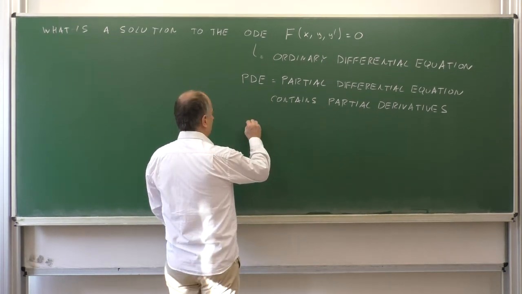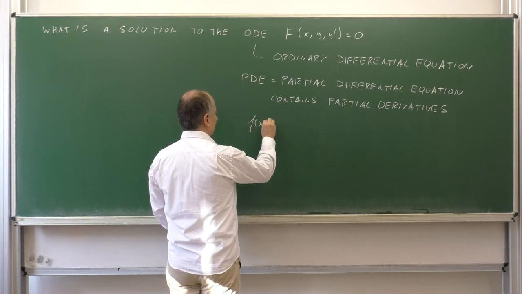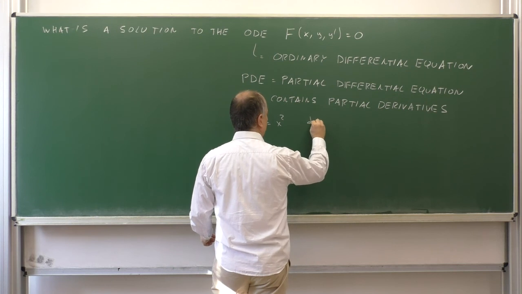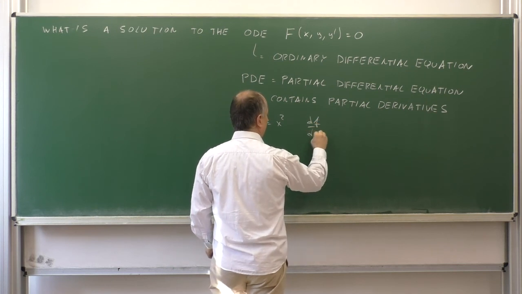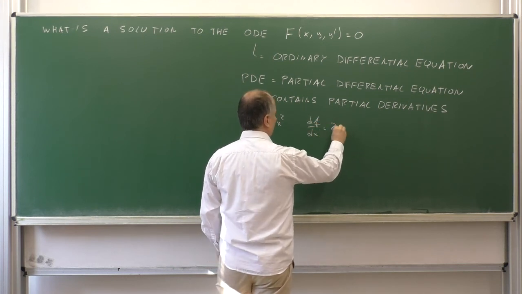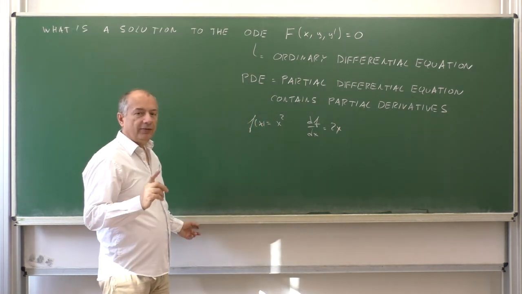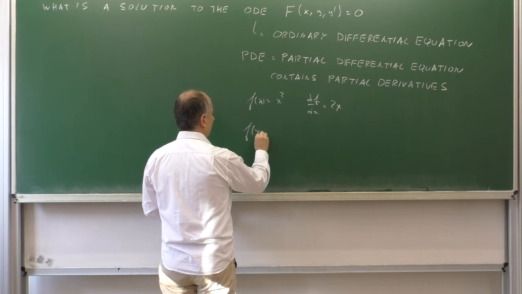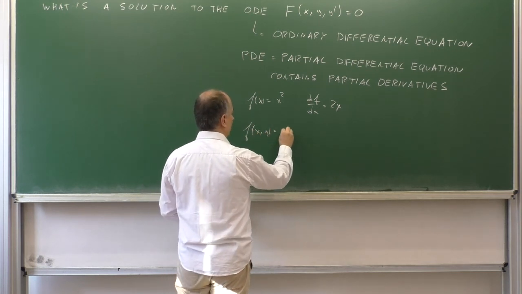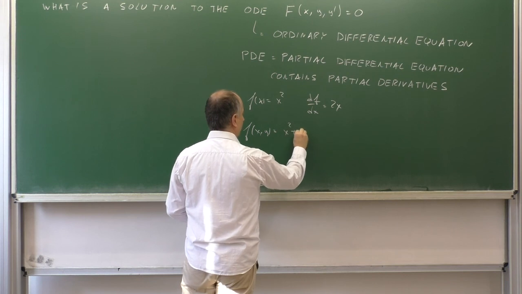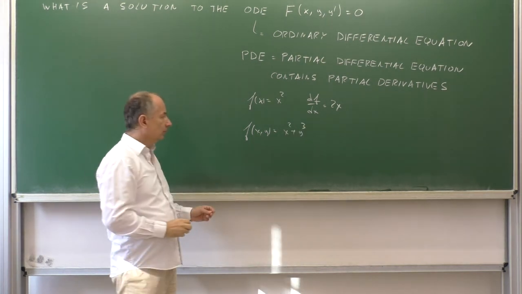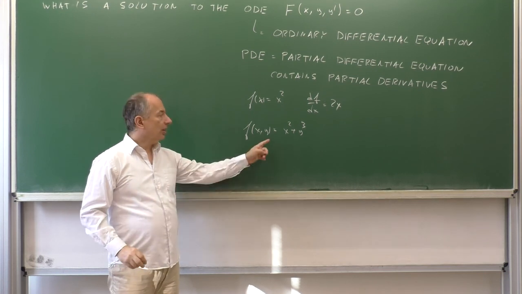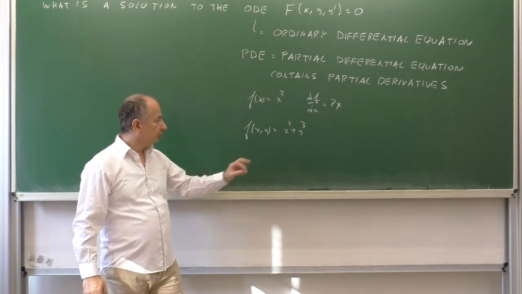When we have a function of one variable, say f(x) is x squared, then we can consider the derivative df/dx as 2x. If we have a function of two variables, say f(x, y) being x squared plus y cubed, then for a function of two or more variables, we can consider the following derivative.